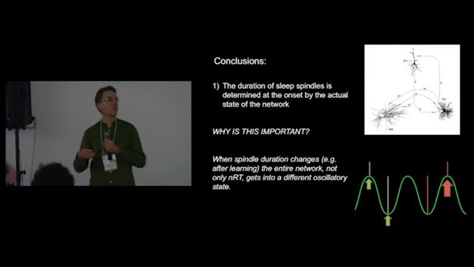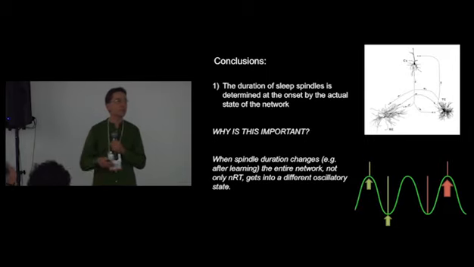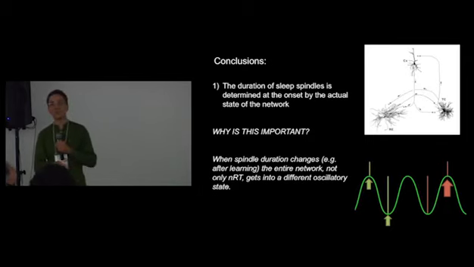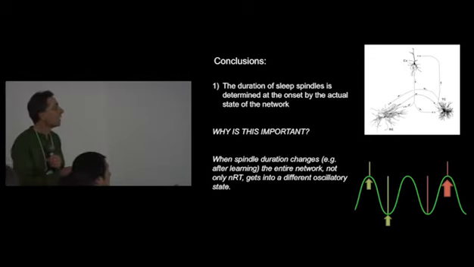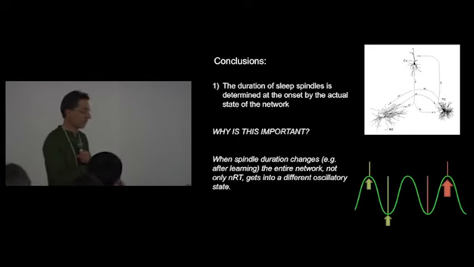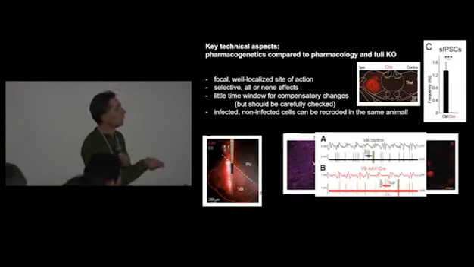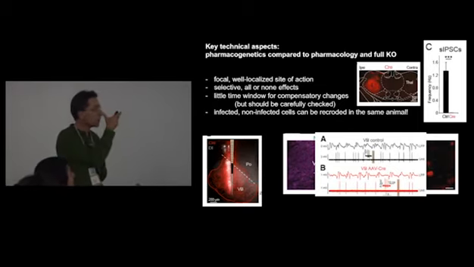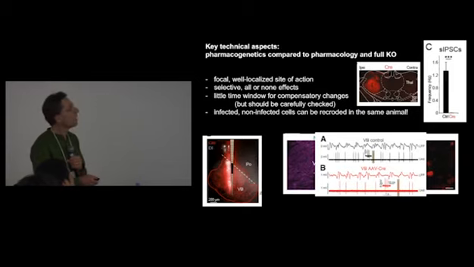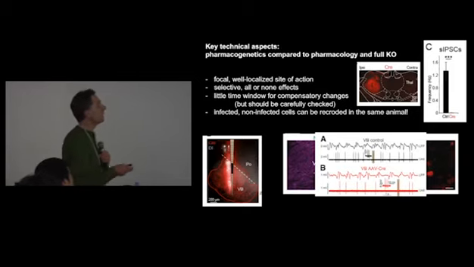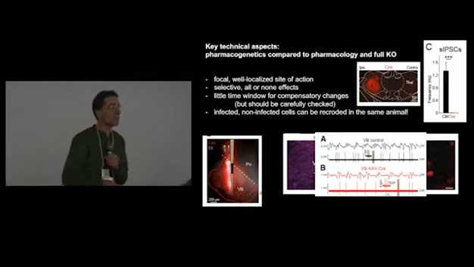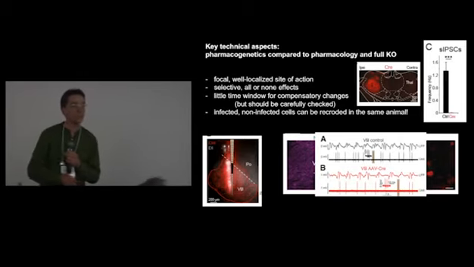So after learning, apparently the entire thalamocortical system enters a different spindling regime to be able to produce longer spindles. And with this, I have a couple more slides where we compare conventional techniques, pharmacogenetics versus KO. But I think I may leave this and leave time for your questions.